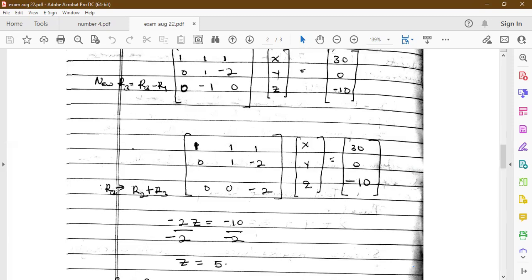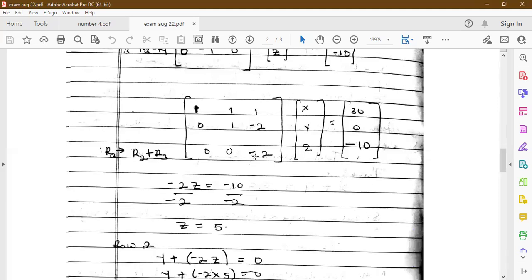We take row 3, which is going to be row 2 plus row 3. So the value in row 3 is -1. When you add -1 plus 1, you get 0. This basically means that we have reduced the entries in different rows to 0 in a triangular form.